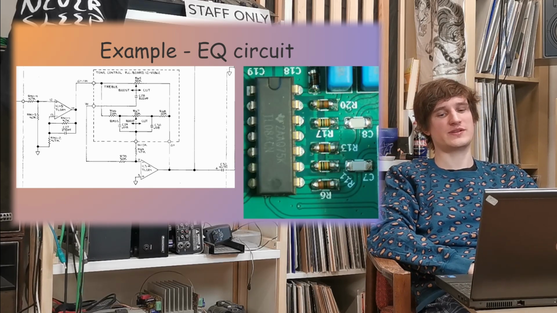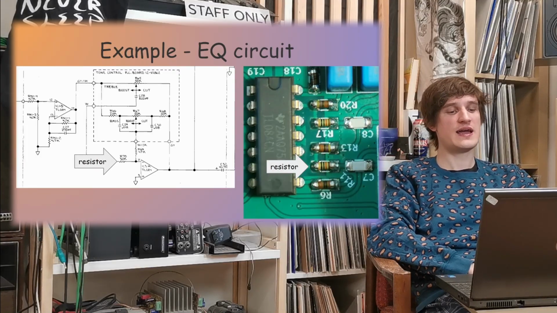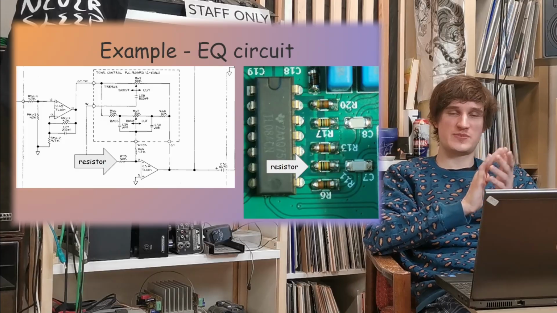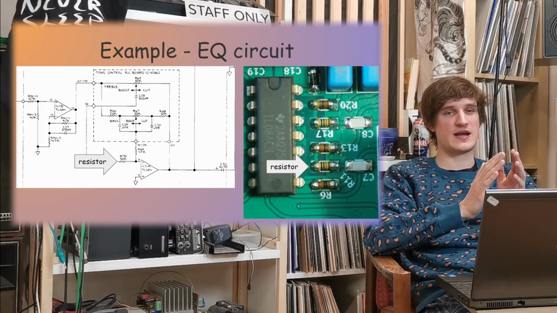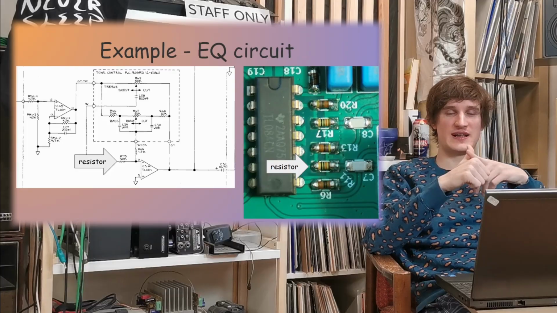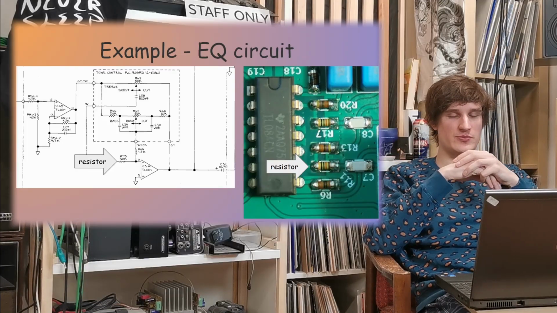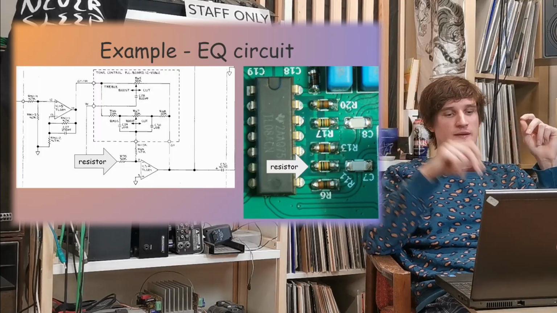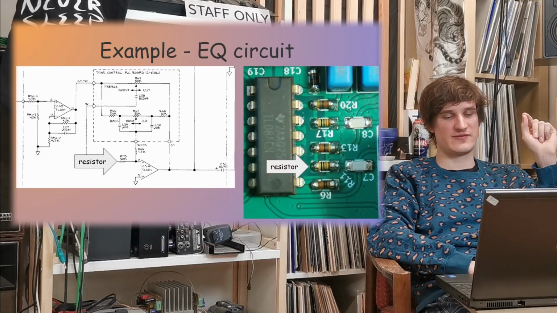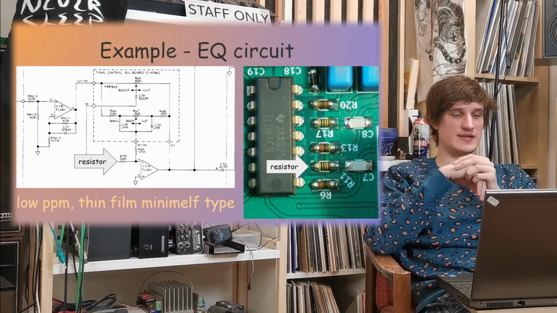So let's jump to another component I used in this EQ circuit, and that I'm using extensively: resistors. When I was picking the resistors, I wanted a stable value, tight tolerance, and I wanted them to be quite small, and I think that very nice quality resistors are the Minimal type. You can see it in the image.